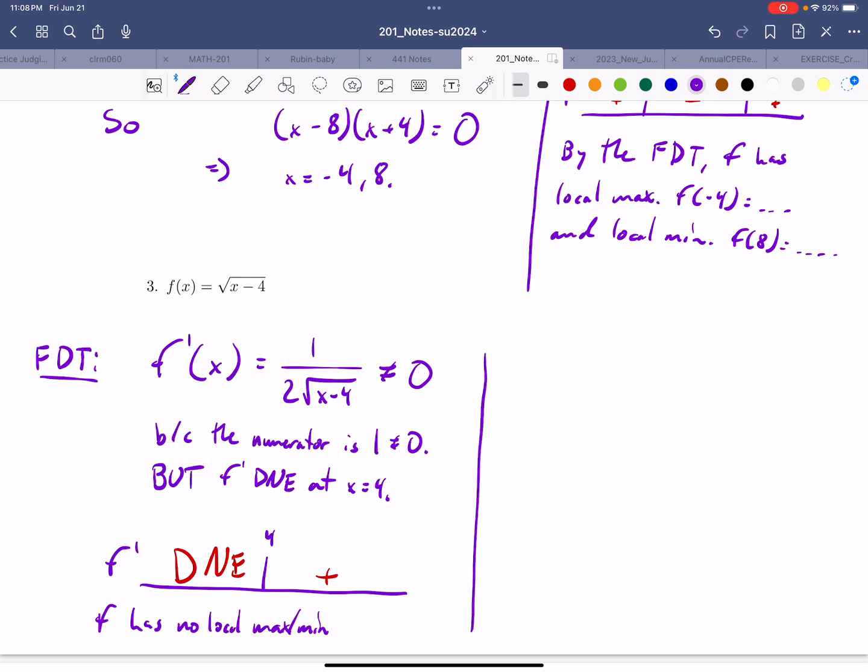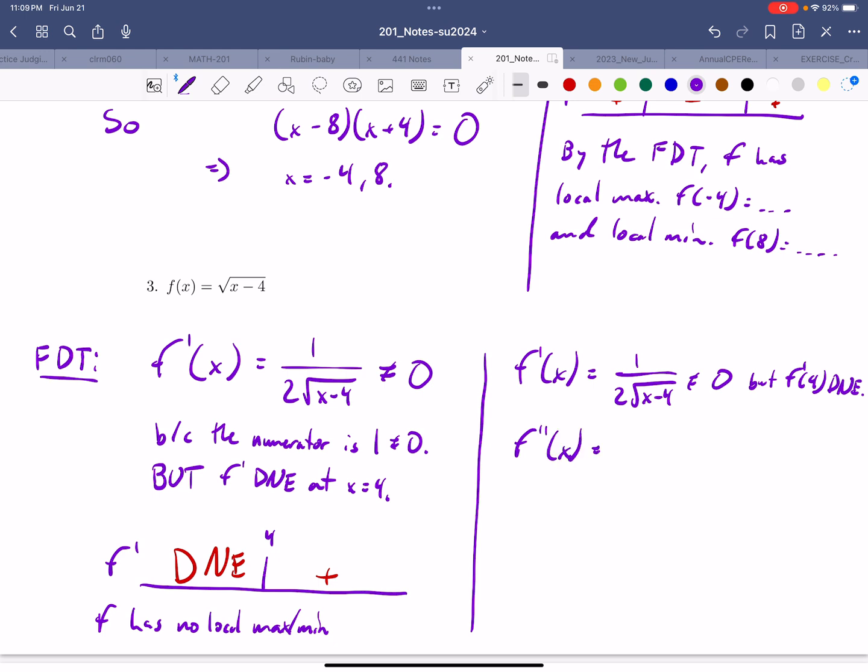Now, suppose we use the second derivative test. Again, we would have found that f prime of x equals 1 over 2 root x minus 4. Again, we note that that does not equal 0, but f prime of 4 does not exist. Now let's take the second derivative.